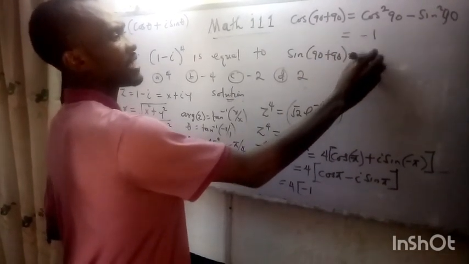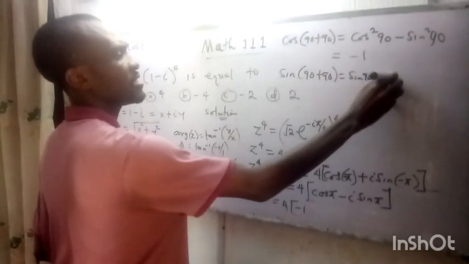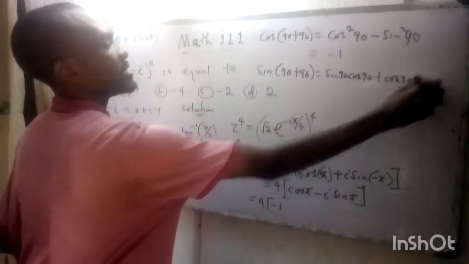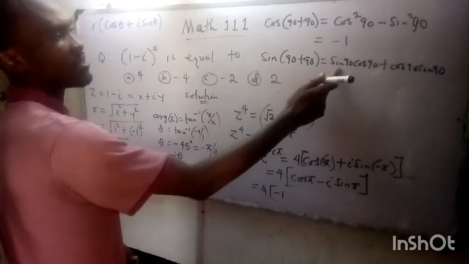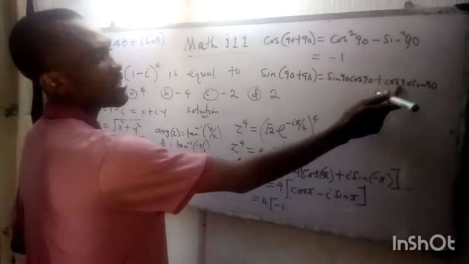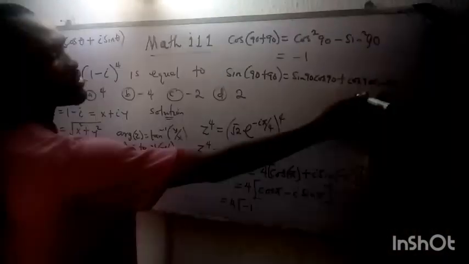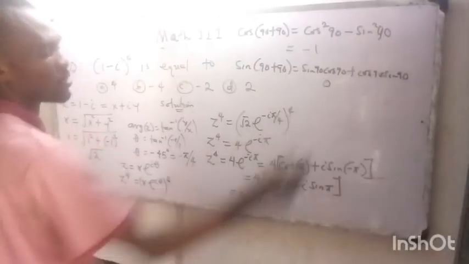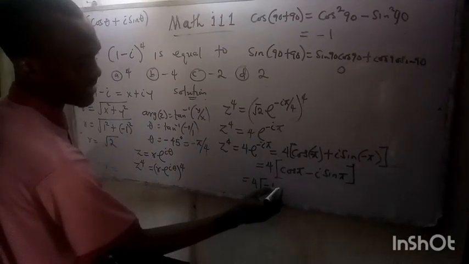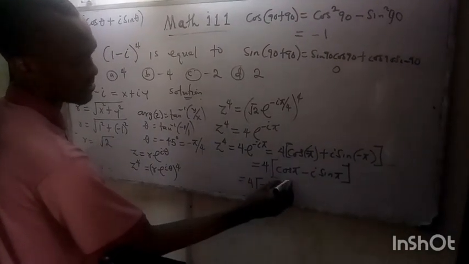This is sine 90 cos 90 plus cos 90 sine 90. Sine 90 is 1, cos 90 is 0, so this is 0, plus 0. So we have this other side to be 0.